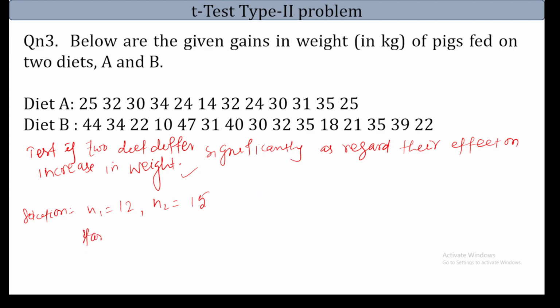Start with setting the hypothesis. Can anyone tell how we can define the null hypothesis here?